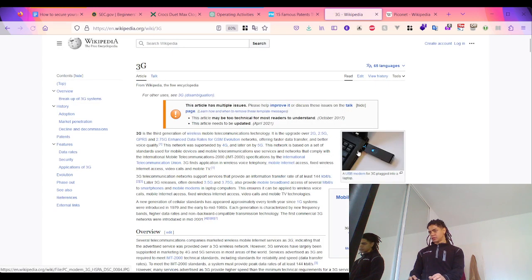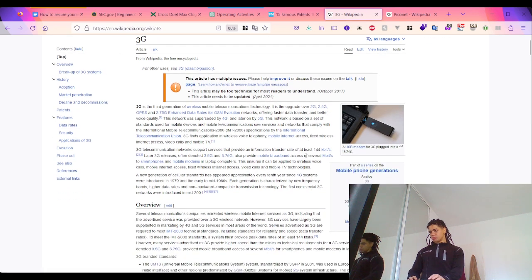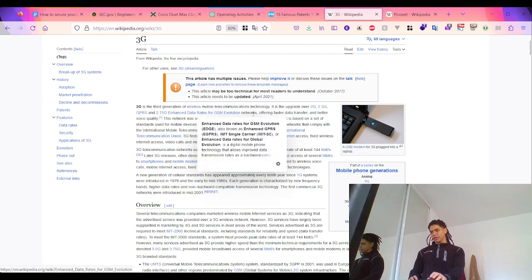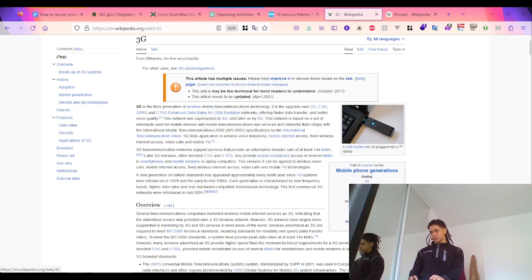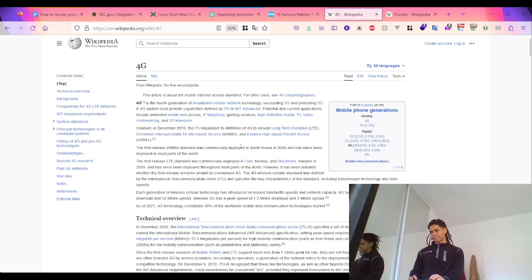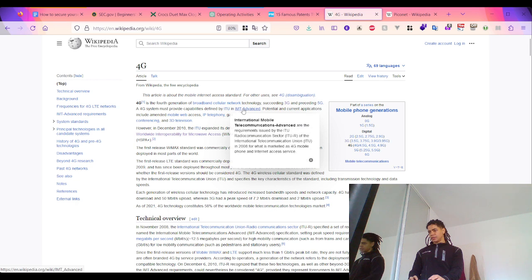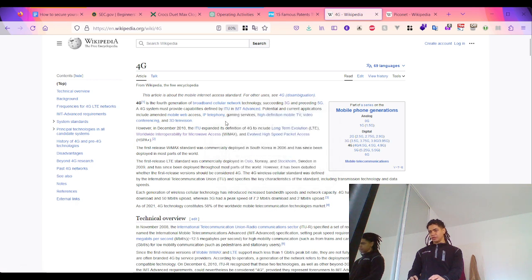3G. And then high data rate for GSM evolution. And 4G, succeeding 3G and preceding 5G.